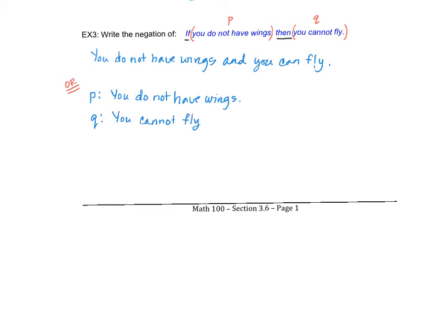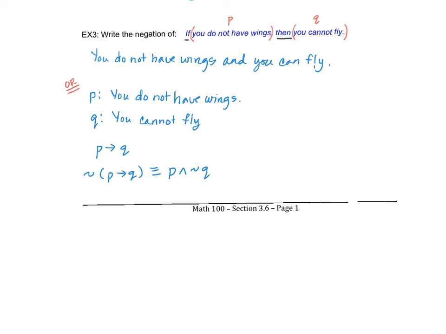So the original statement is if P, then Q. So I want to negate if P, then Q. I know it's equivalent to keep and negate. So I know it's equivalent to P and not Q. So now all I have to do is translate that to words.